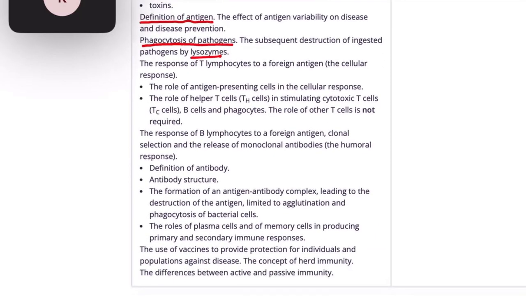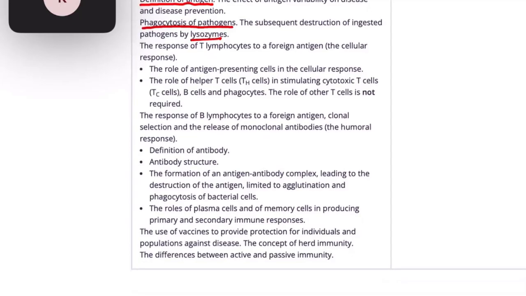The next thing is your cell mediated and humoral response. Your cell mediated response includes your T cells, and your humoral response is your B cells and your phagocytes. You just need to know the specific roles of your T cells and your B cells and your phagocytes. B lymphocytes, again, we're not going to look at in today's lesson.